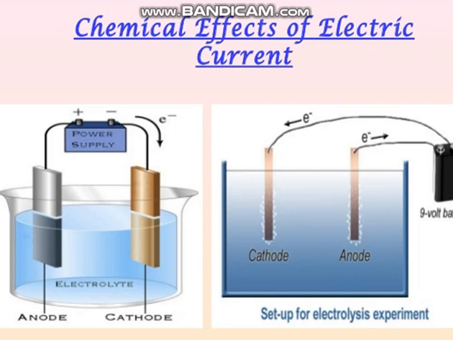Now the anode is positive because it has less number of electrons, and anions which have extra electrons will move towards the anode, and there they will donate the electrons and again convert to the neutral one and then start depositing near the anode. That is the chemical effect of electric current.